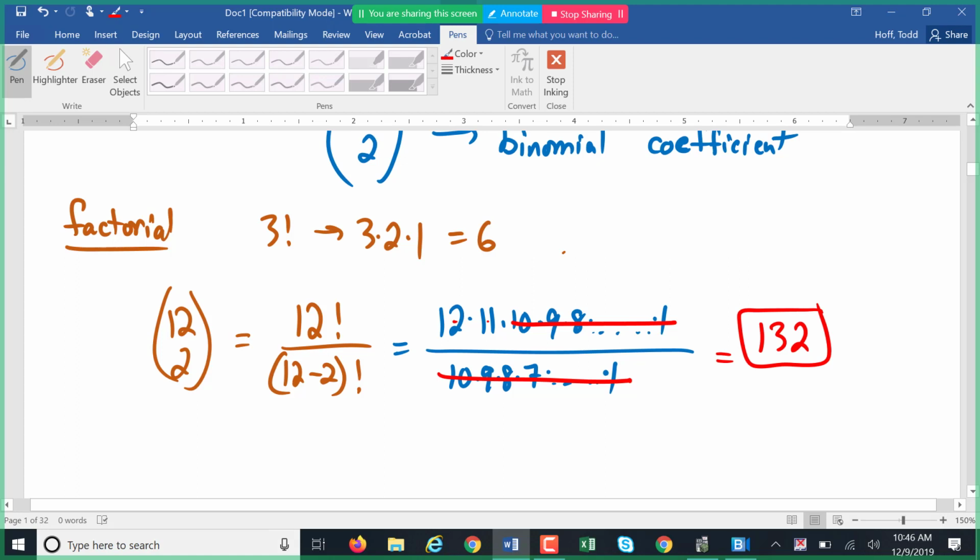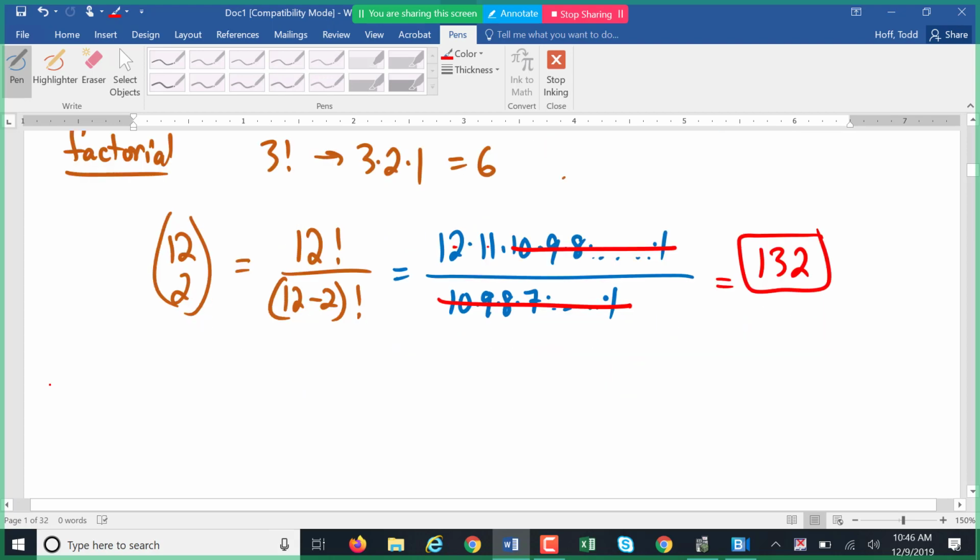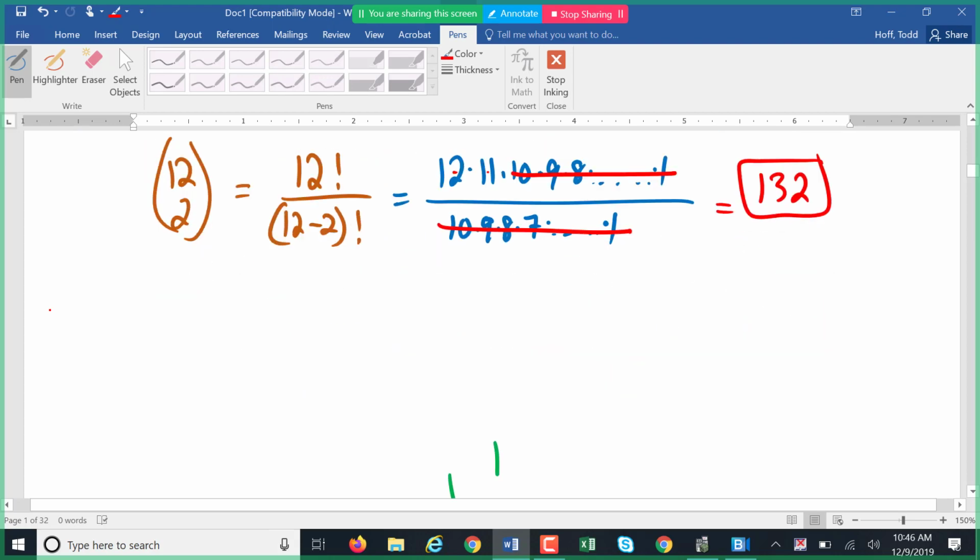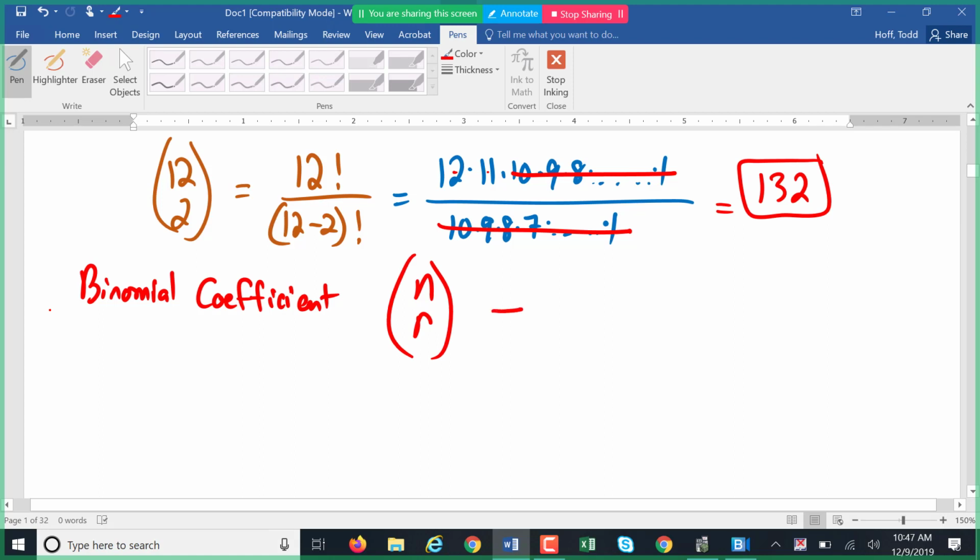So the binomial coefficient of 12 choose 2 gives us 132. So let's do that in a general form. The binomial coefficient of n over r is defined to be n factorial over n minus r factorial.